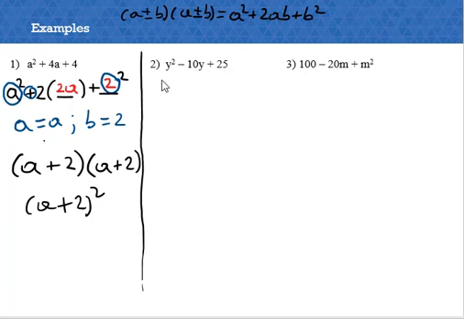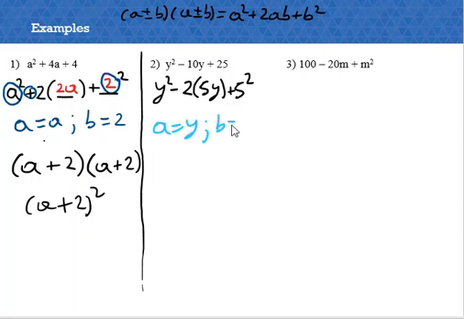Okay, similar over here, we have y squared minus 2 times 5y plus 5 squared. So I can say that, if you're looking at the formula, a would be y and b would be 5, right?